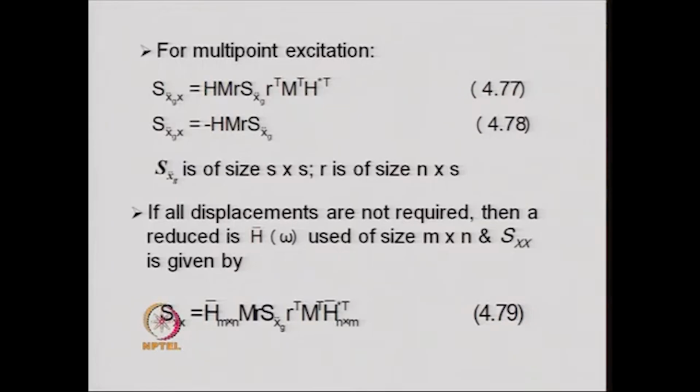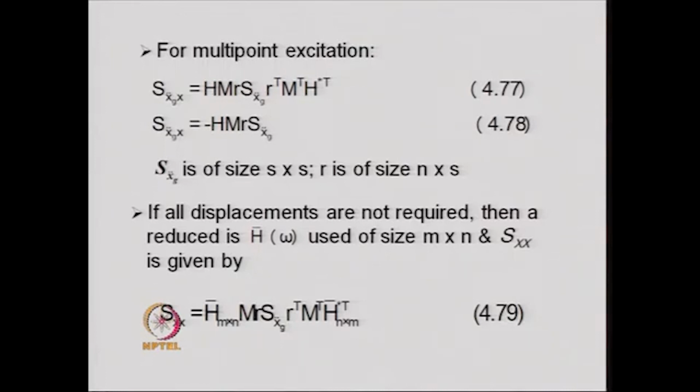This power spectral density function of ground excitation was converted to a power spectral density function matrix of the excitations at different supports with the help of the influence coefficient matrix R and the vectors of excitation at different supports.